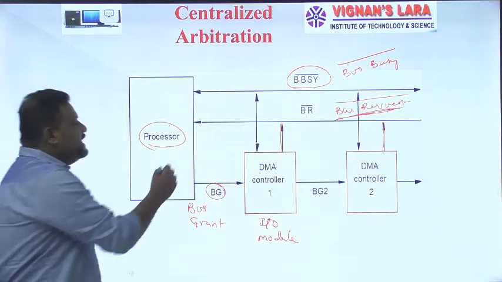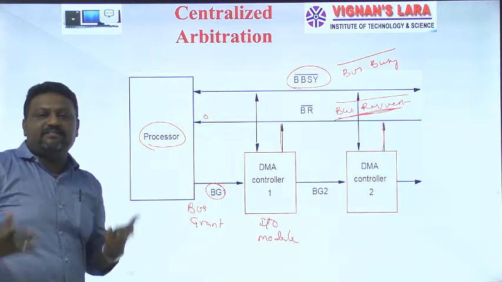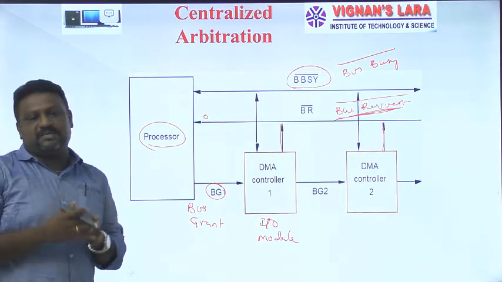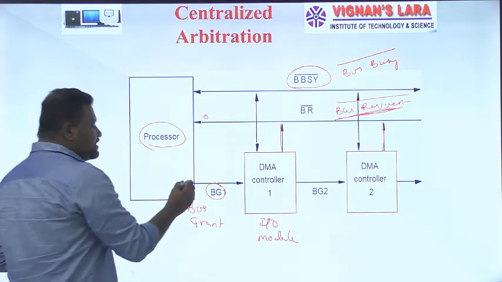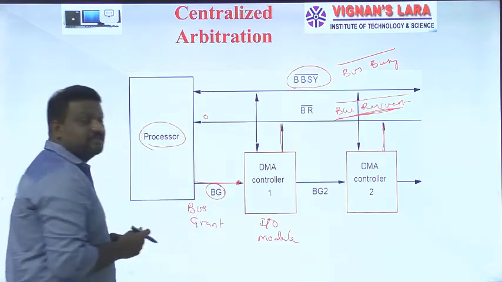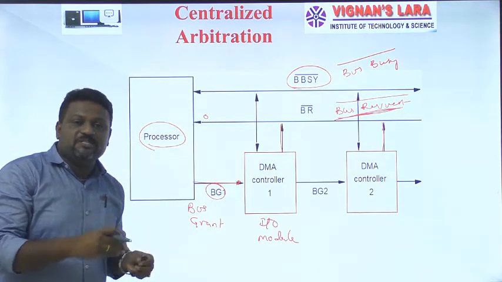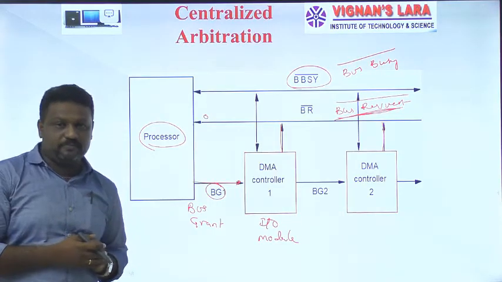Whenever your CPU identifies logic 0 on this, it identifies that it received a request from some I/O device wanting the bus. Then the CPU sends an acknowledgement signal to the nearest device, that is, the highest priority device from the CPU point of view.